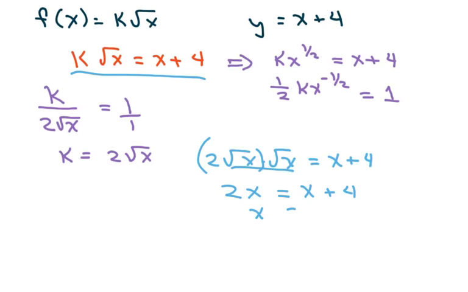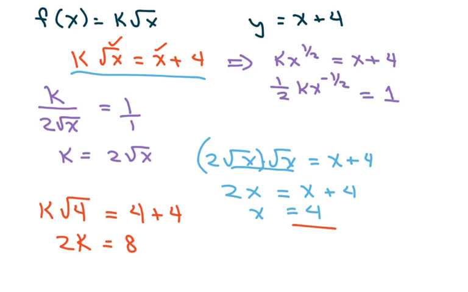So x equals 4. Therefore, when x is 4, plug back 4 into those two. X is 4, we get k times square root of 4 equals 4 plus 4. So 2k equals 8. Therefore, k equals 4 when x is 4.